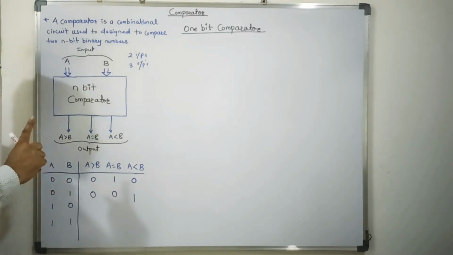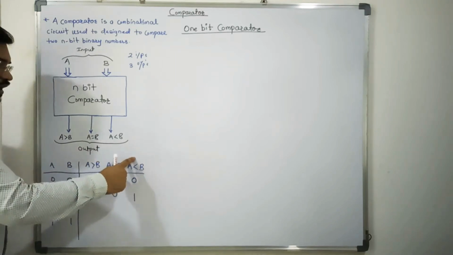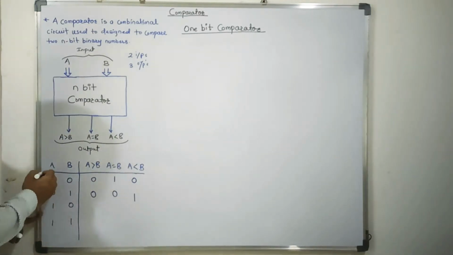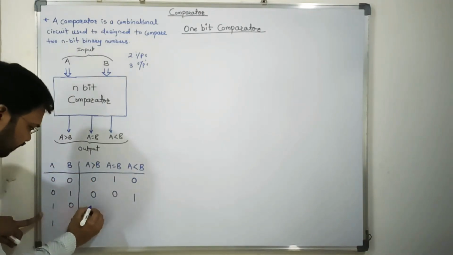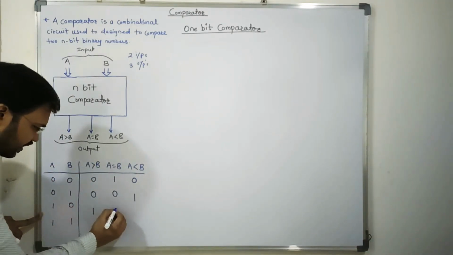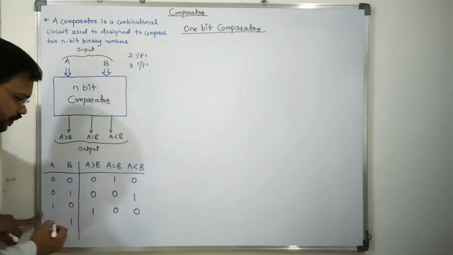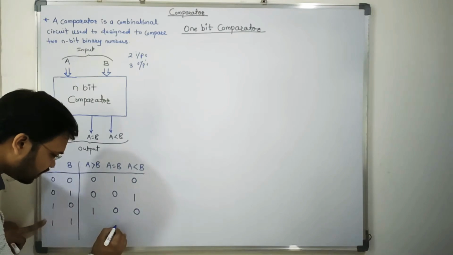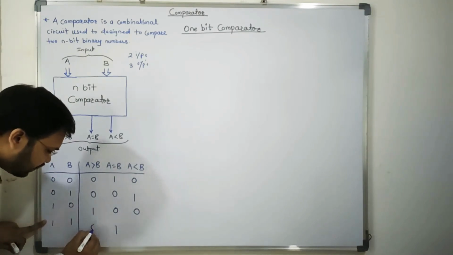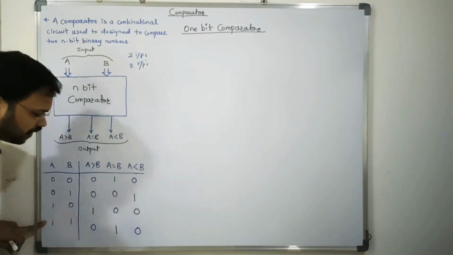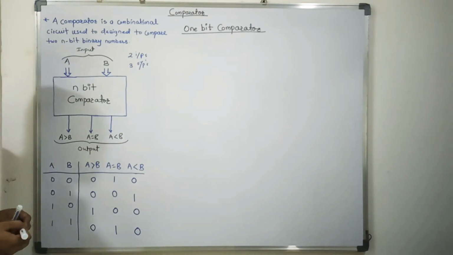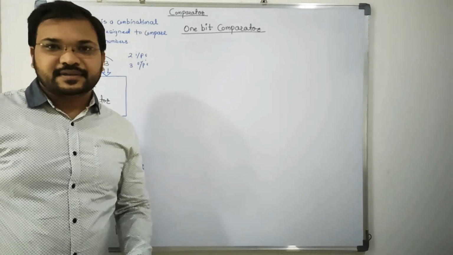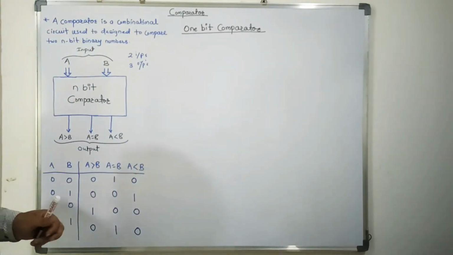For 1 0, A is greater than B, so that output is 1 and the others are 0. For 1 1, again it is equal, so that output is 1 and the remaining two are 0. In this way we have drawn the function table for the 1 bit comparator.